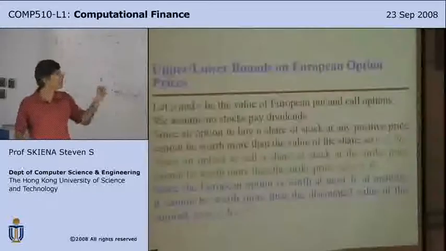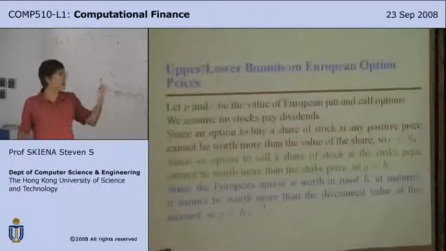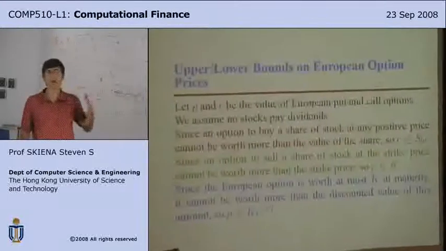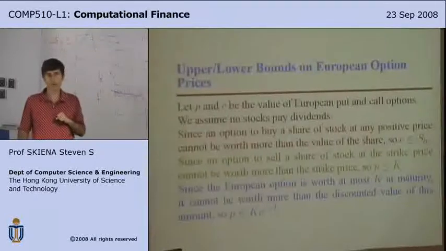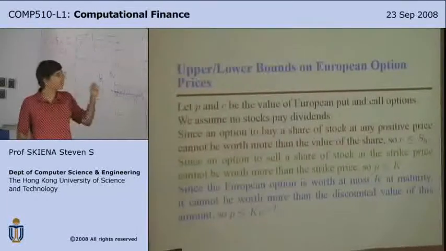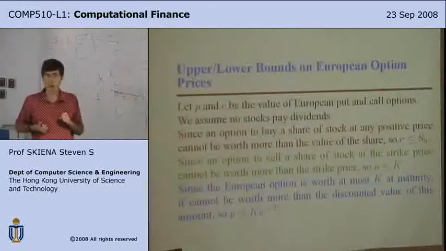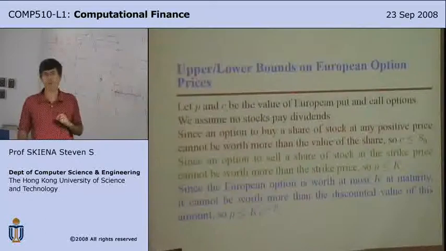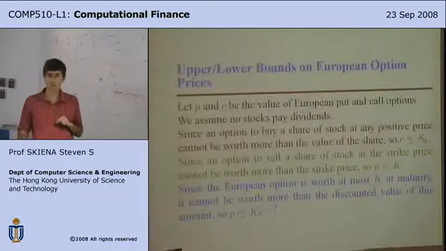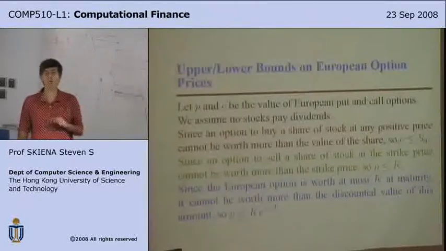If I give you a call option to buy a share at any price, could that possibly be worth more than the current price of the share? If I really thought it was worth more than the price of the share, I'd buy the share now. That would be the argument there, right?